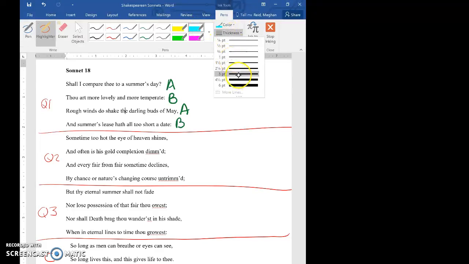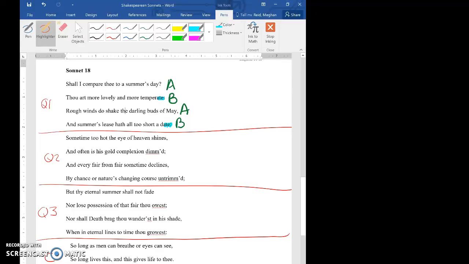You're pretty close there. So if we take a look with our highlighter, take a look at temperate. It ends with this A-T-E. And date ends with this A-T-E. Even though they're actually pronounced differently, temperate, date, that A-T-E is close enough that we actually consider that to be a rhyme. So slant rhymes are very, very important in Shakespearean sonnets.